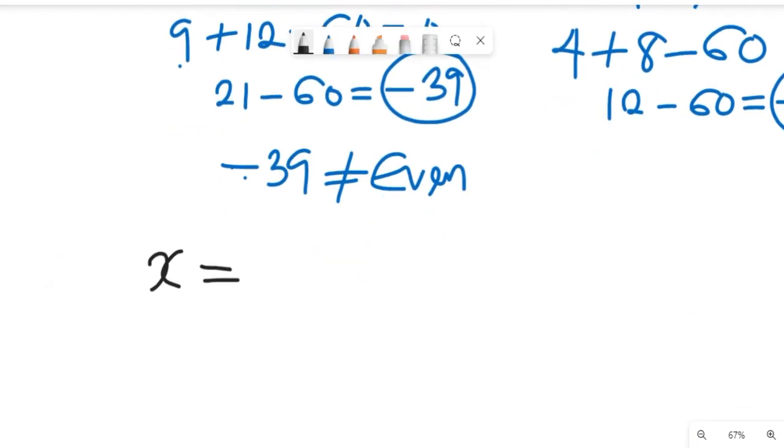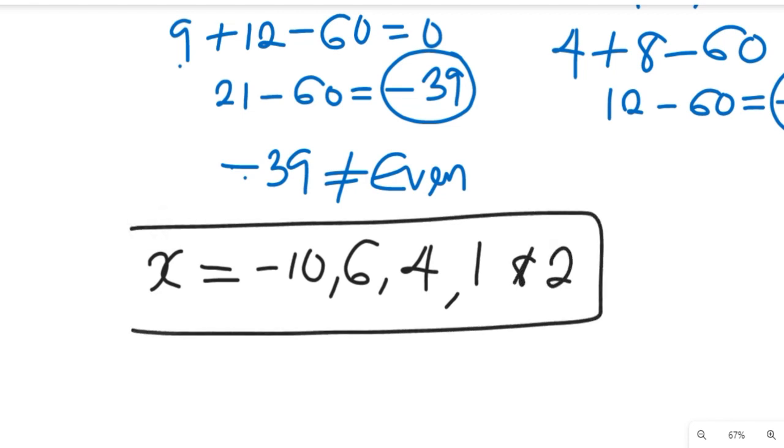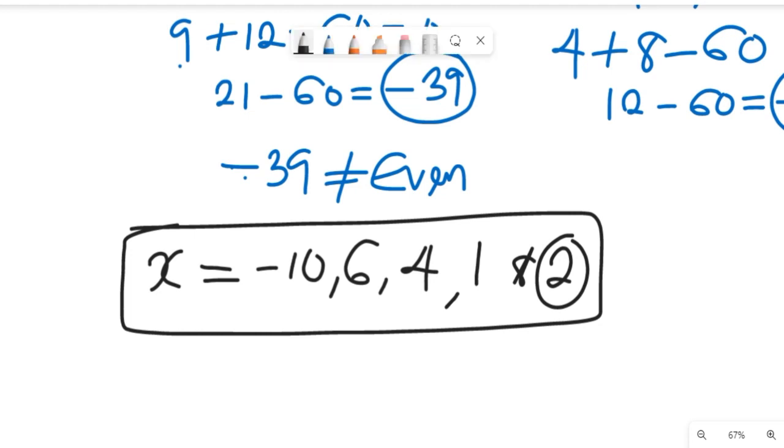So x is equal to minus 10, x is equal to 6, x is equal to 4, x is equal to 1, and x is equal to 2. These are the values of x that satisfy that quadratic exponential equation. Now I want us to try something. Let's try using these to see if actually what we did is correct. Let's check from that equation.